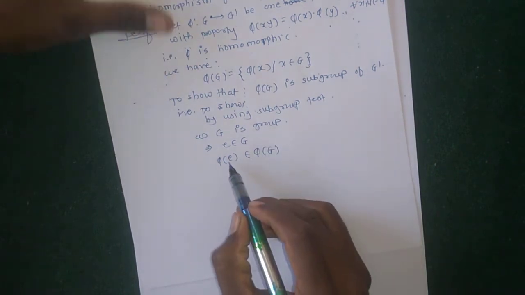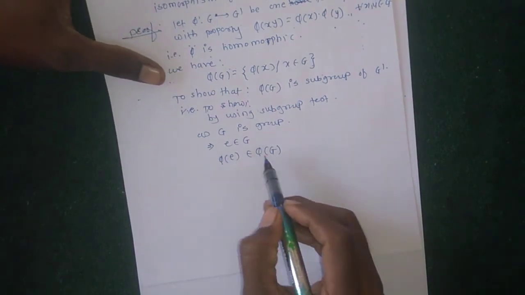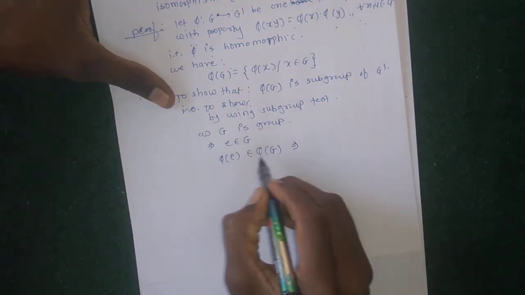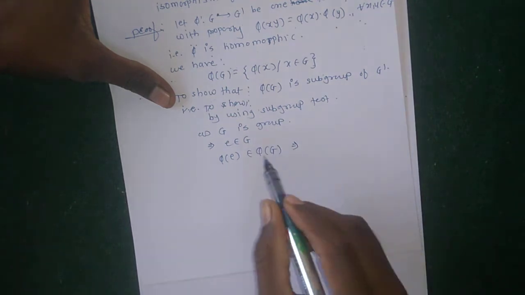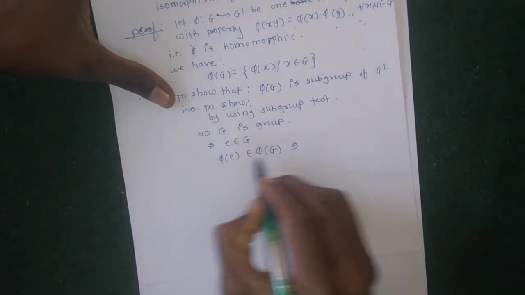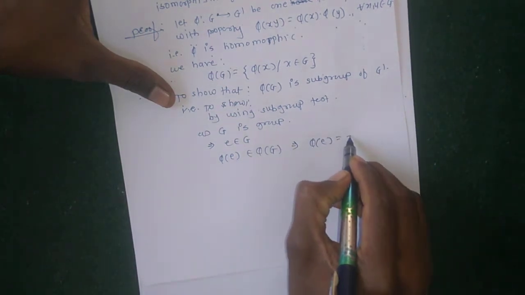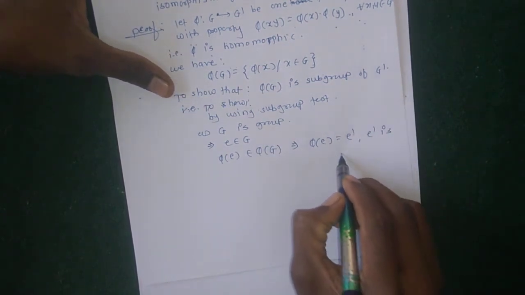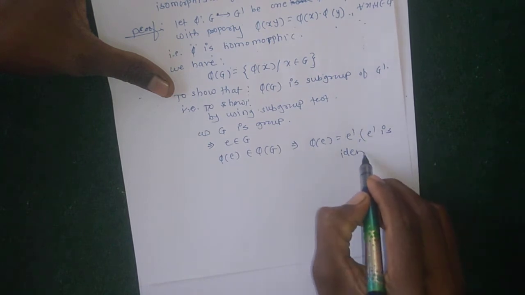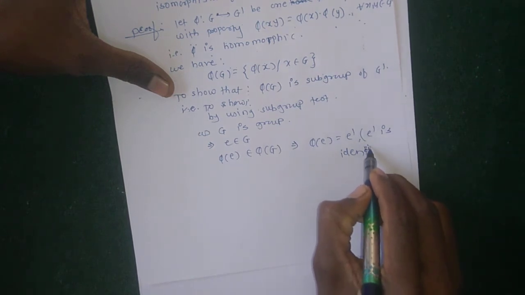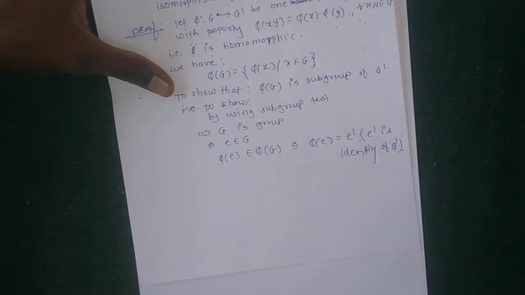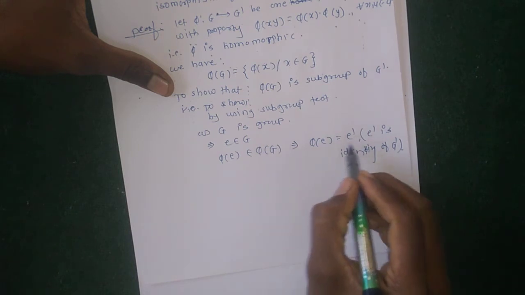Okay, when phi is applied to this element E, it also belongs to phi of G, which implies that phi of E belongs to phi of G, meaning phi of E is an element of the range set. Then phi of E must be E', where E' is the identity of G'. E' is the identity of G', and phi of E equals E'.